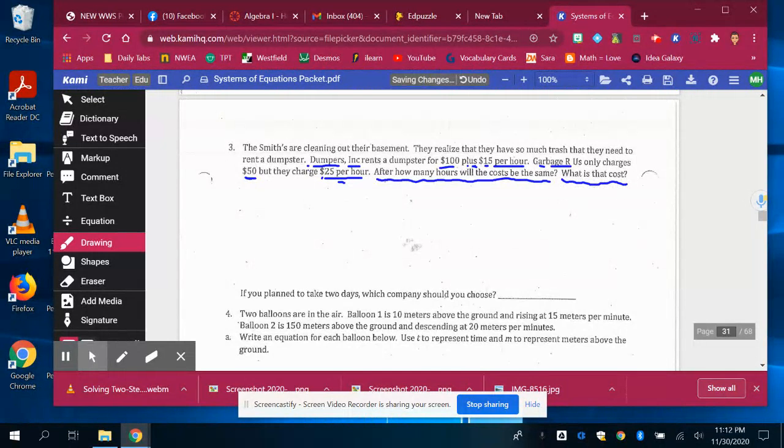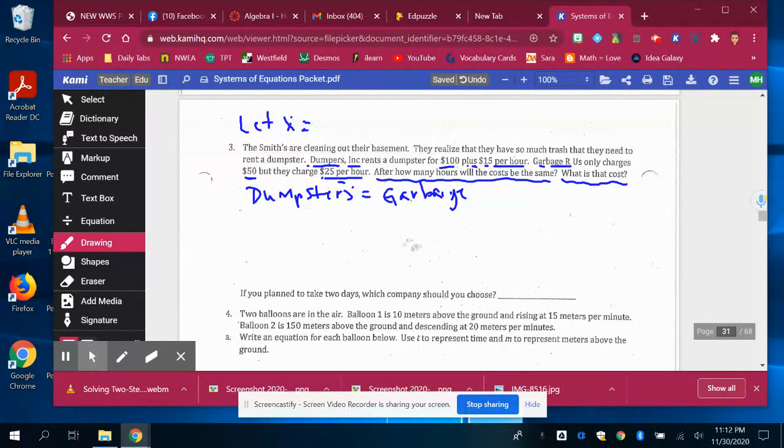All right, so here we go. We know that we want to know when dumpsters will be equal to Garbage R Us. Okay, well, let's first define our variables. I'm going to let x equal, and I want to look down here.